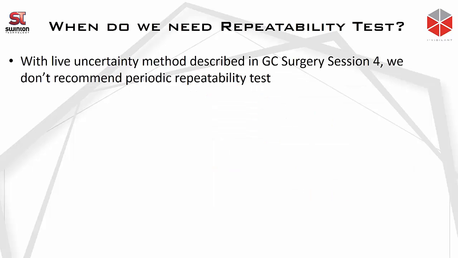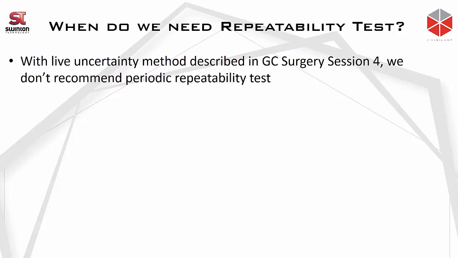So when do we need to do the repeatability test? With the live uncertainty method that we described in GC Surgery session 4, we don't really recommend periodic repeatability tests anymore, because if you monitor the data at all times, you have a feature called live uncertainty.